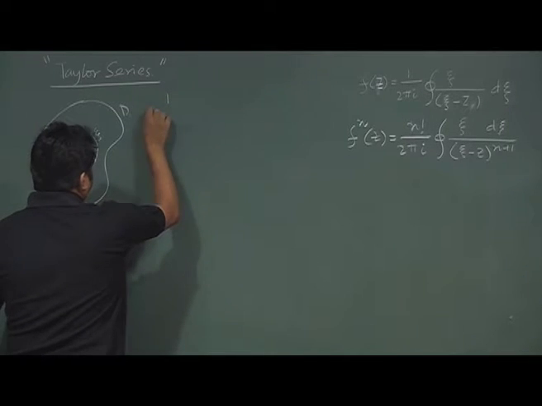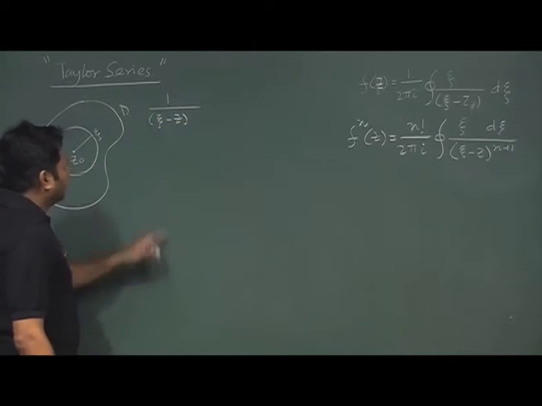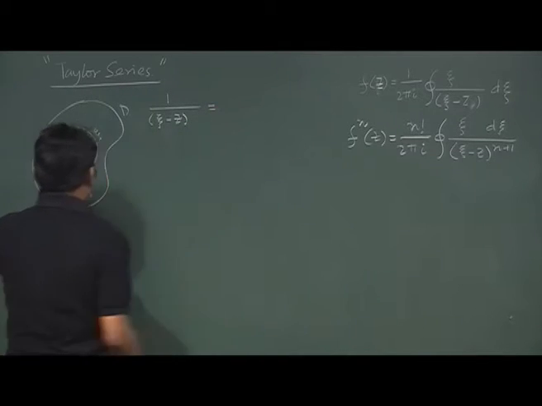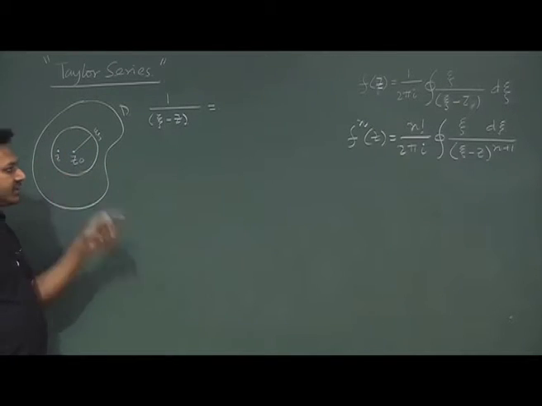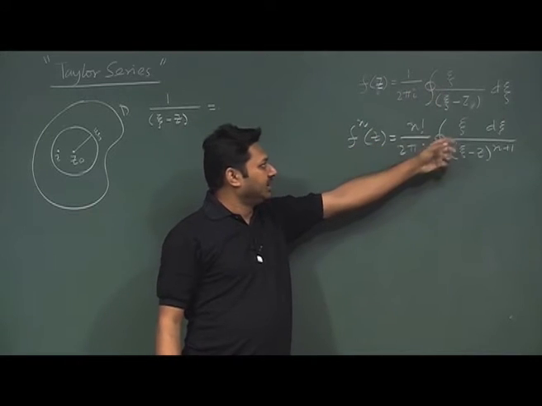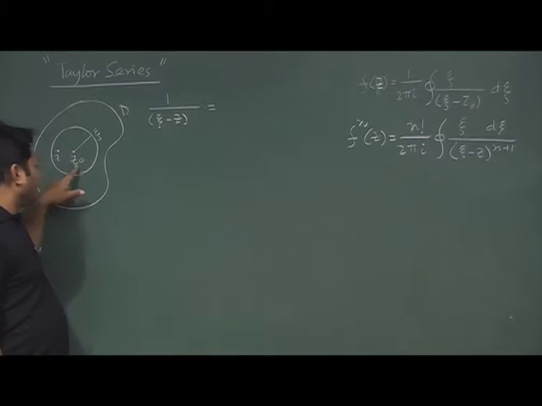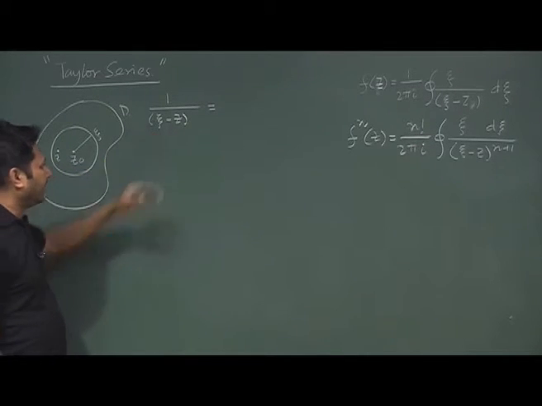If I expand, for example, xi minus z, I write this in terms of z0, because around z0 I am trying to expand my function. Remember, this is my function f(z), and the right-hand side is something; I am trying to expand this function around z0. So somehow the z0 point should come here.